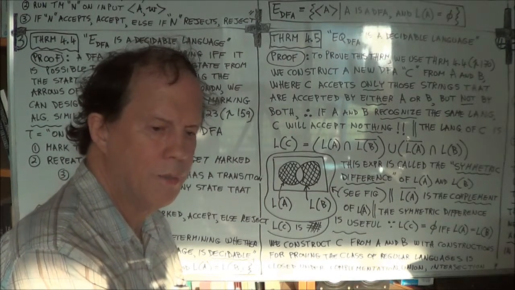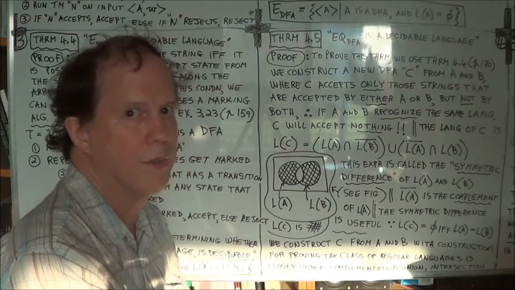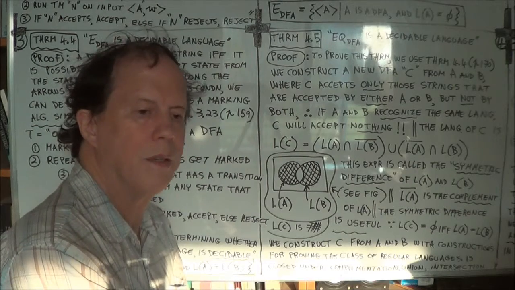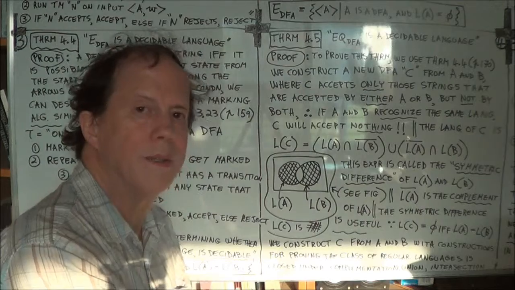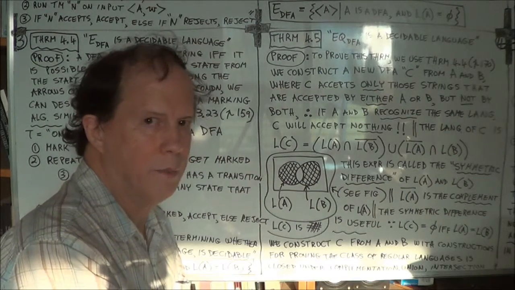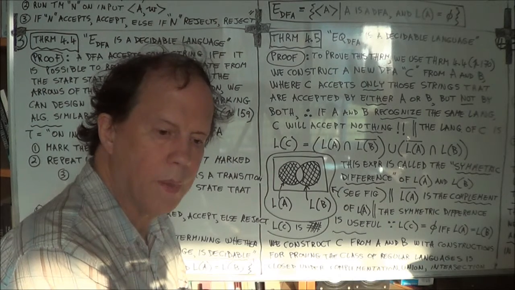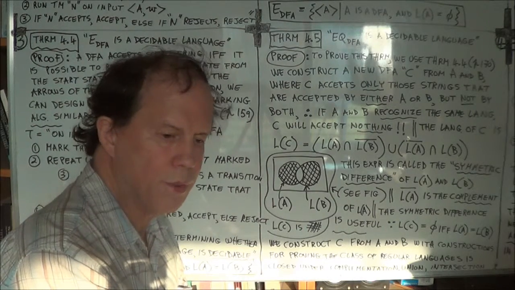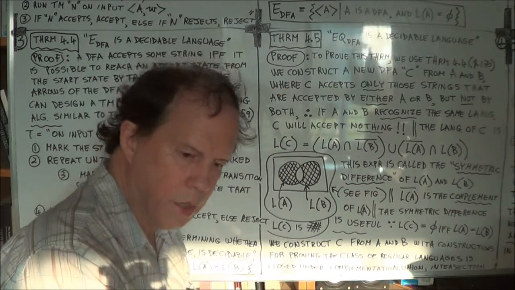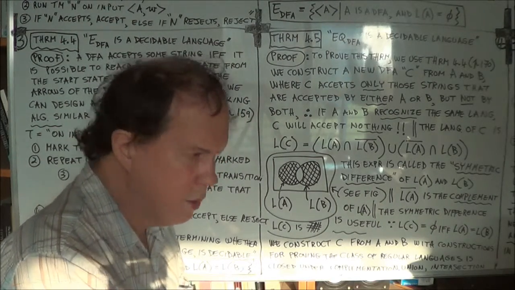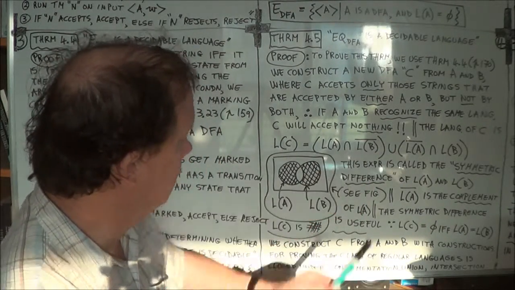Remember what closure means? You perform some operation on one or two members of a set, and if the result also belongs to the set, for all possible combinations, then that set is said to be closed. And we showed regular languages were closed under union, intersection, and complement. That's all we need, isn't it? Yeah, that's all we need.